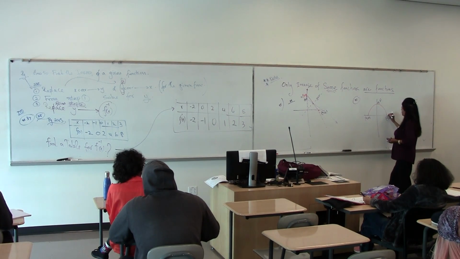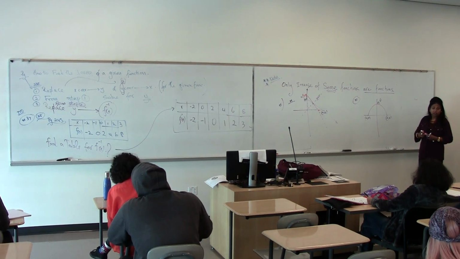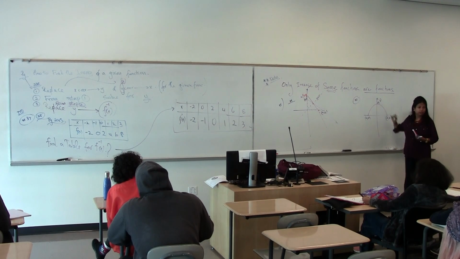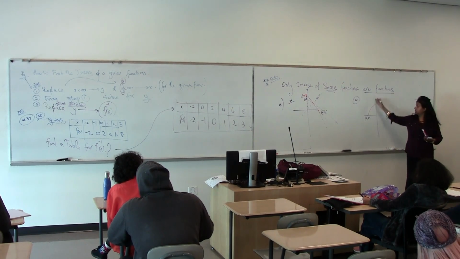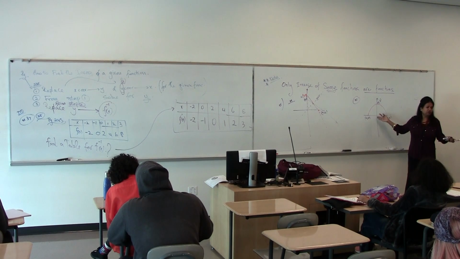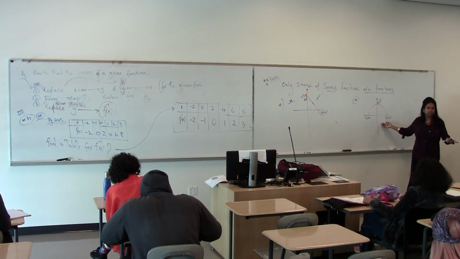Now this is a function, we know that, right class? Yes, because the vertical line test says this is a function. So this function is not given to you as f of x, it's given in terms of a graph.